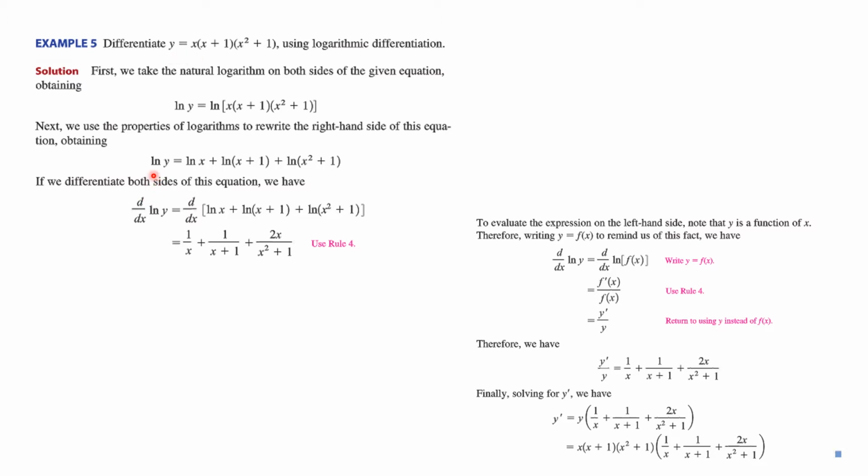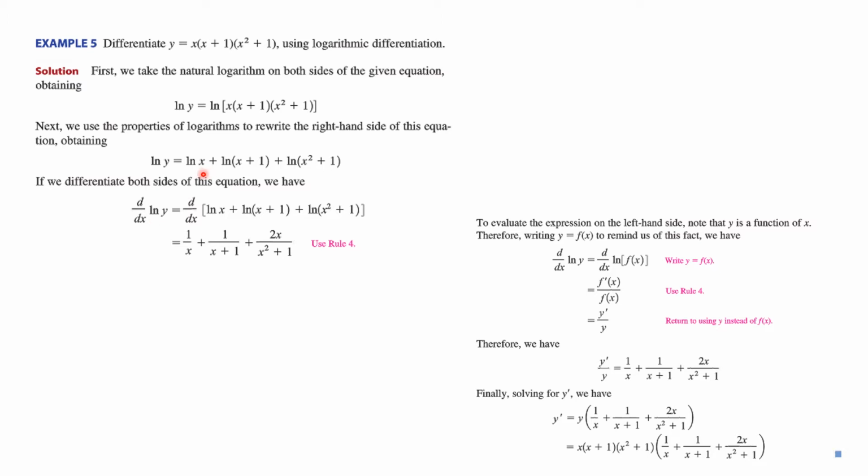So on this side, when we take the derivative, this is going to be 1 over y times dy dx. So you see we get dy dx over here, and we're going to solve for that in a bit.